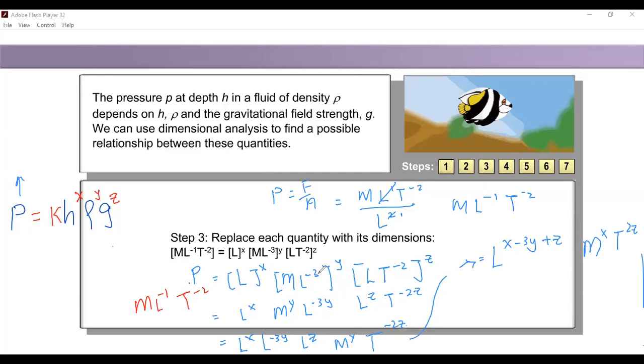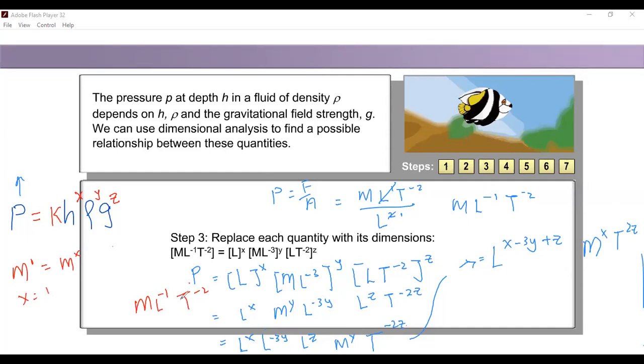Okay. Now we compare first. We compare the X first, MX. MX, here is M1, correct? That means that M is equal to MX. That means this should be 1, right? So X is equal to 1.